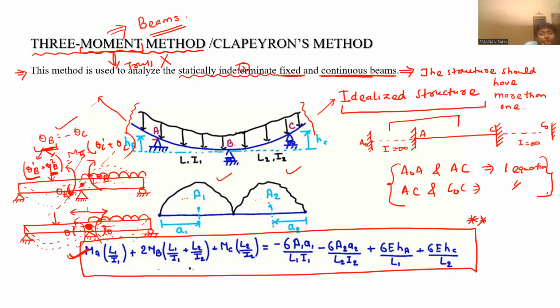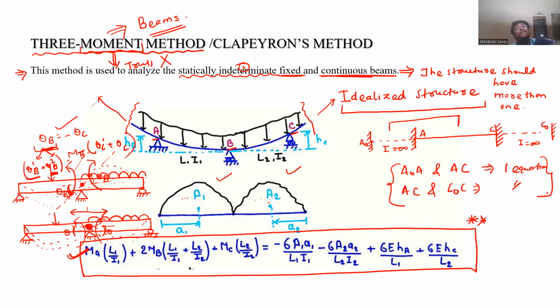This point is A, this point is B, this point is C. And one more thing. This was due to external load only. Now, there might be a chance the support might settle.